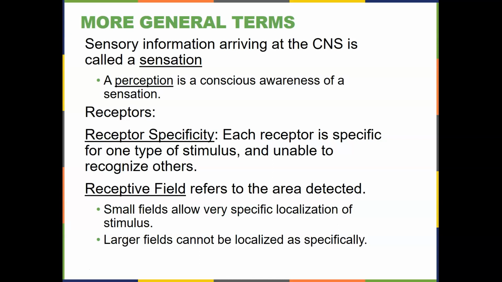So let's talk about sensation. Sensation itself is a perception or a conscious awareness of energy of the environment. So the receptors give us information about what type of energy from the environment we're dealing with. So when I say energy from the environment, pressure makes sense.